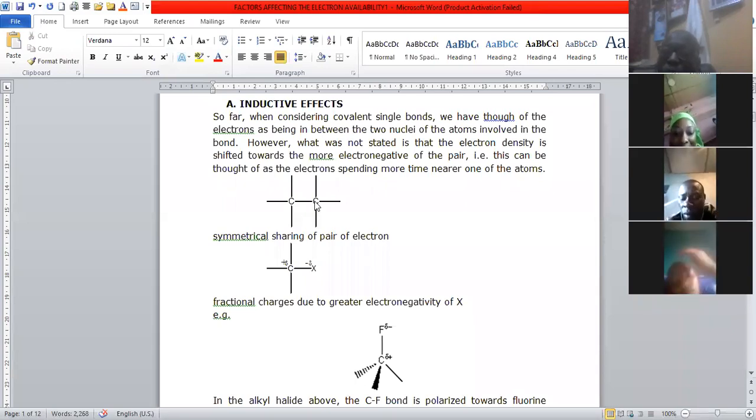It's carbon all through. Are they the same or different? They are the same. They have the same electronegativity. Therefore, the bond is not polar because they are the same kind of atoms.